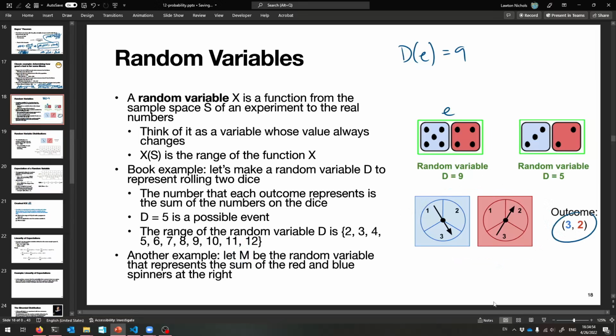The blue one was pointing to 3, the red one was pointing to 2. Our random variable takes that outcome and just adds together those numbers. It gives back just a single number representing their sum. So that's what random variables do. They represent a numerical result to what happened in your outcome. So that's a random variable, and let's use that to do cool stuff.